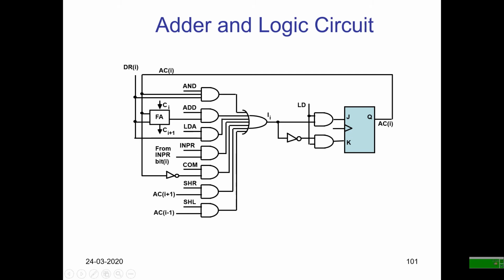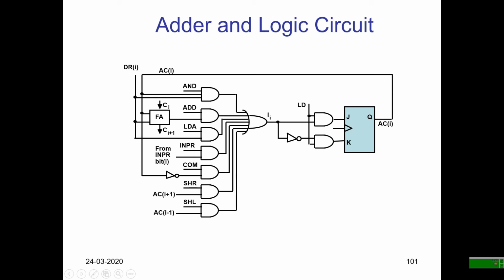Suppose you want to perform your operation for the second bit of the accumulator, then i equals 2.